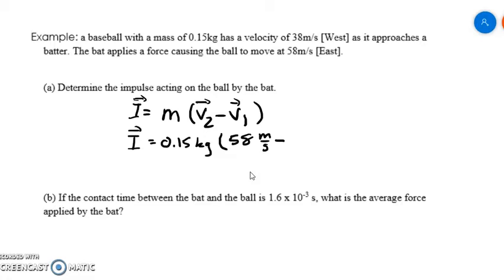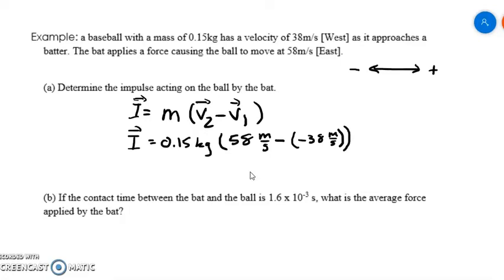minus v1 is 38 meters per second, but these have different directions to them. So I'm going to say that east is positive and west is negative. You can switch it around if you want, but that means you'd have to put a negative on the 58. So we're subtracting v1. v1 is negative 38 meters per second.